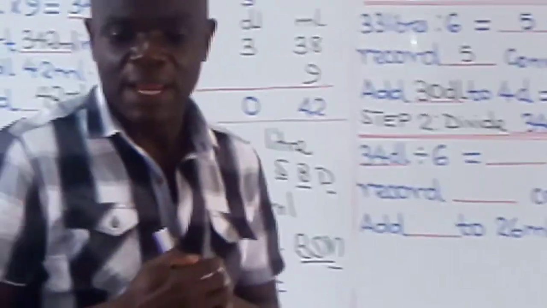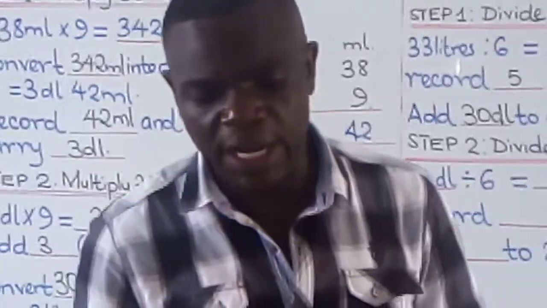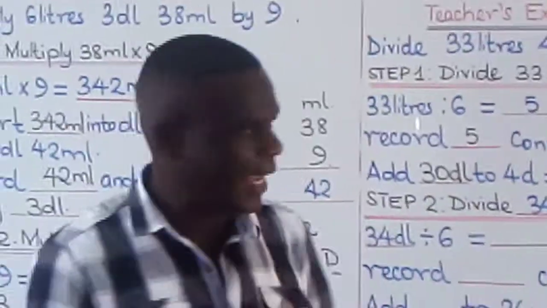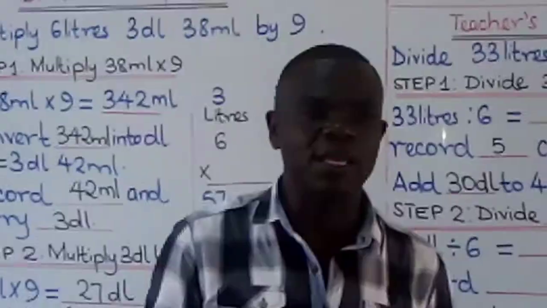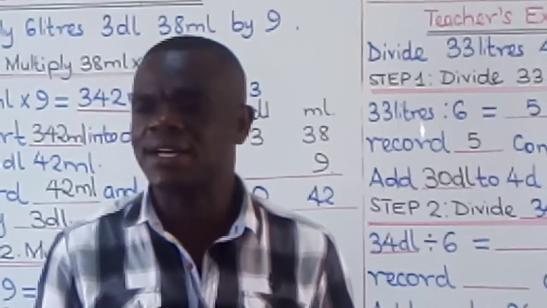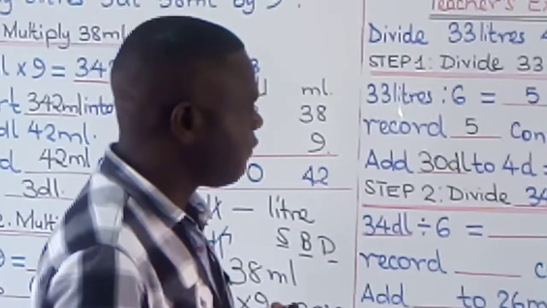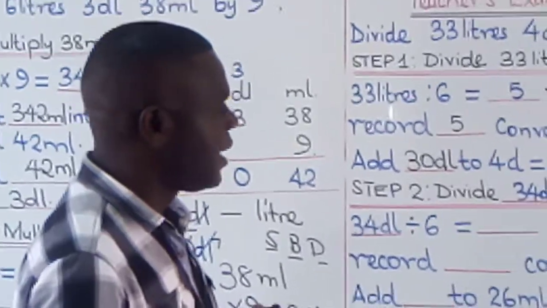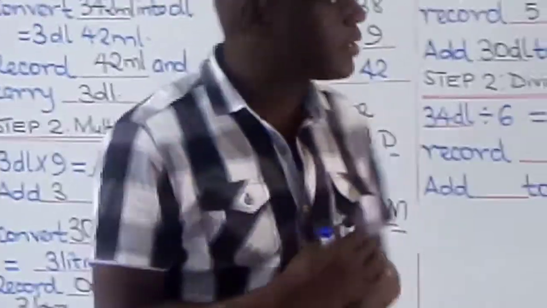Boys and girls, anyone tell me, what do we get when you divide 34 by 6? Who is ready? Yes, Abu Bakr. Correct, Abu Bakr. 34 divided by 6 is not possible, but the closest multiple is 30 again.